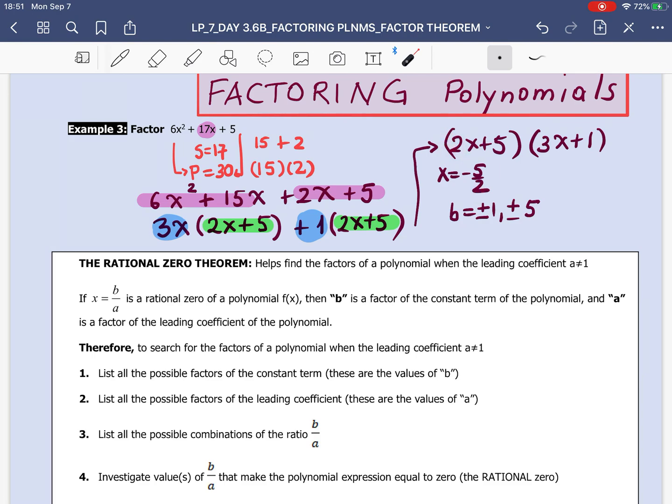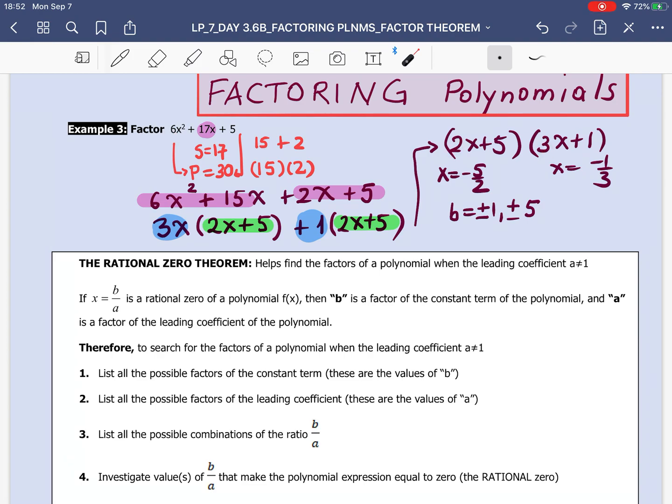When it comes to the denominator, you can tell that this will depend on the values of the leading coefficient, because the number 2 is the coefficient of x, and this denominator here, number 3, is also the coefficient of x. And these two terms multiplied together are the ones that will give us the first term in the polynomial expression. So their coefficients will produce the leading coefficient, which is different than 1.